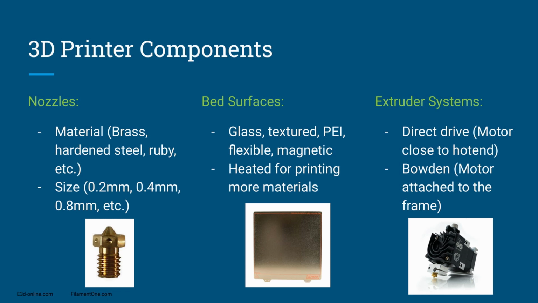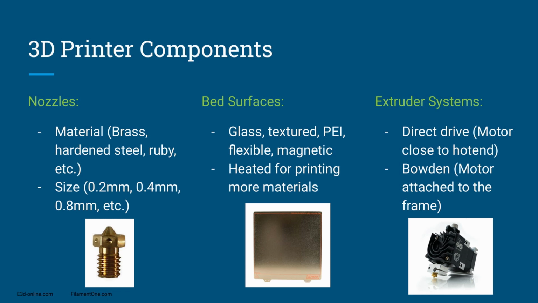In addition, there are a lot of bed surfaces as well to print on. There's glass beds, there are textured surfaces which you can print on as well. There are beds covered in PEI, which is a material that sticks very well to 3D printing materials and keeps your print stuck to the bed while it's printing. There are also some flexible beds where you can just flex the bed itself and your print will just pop off, which is pretty cool.